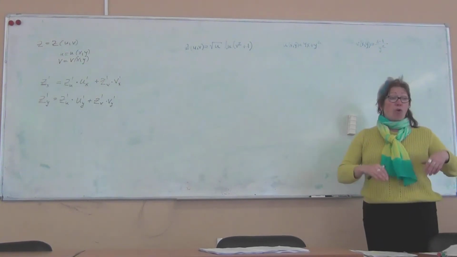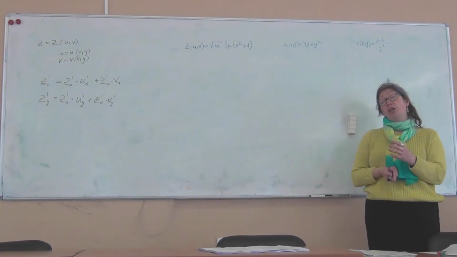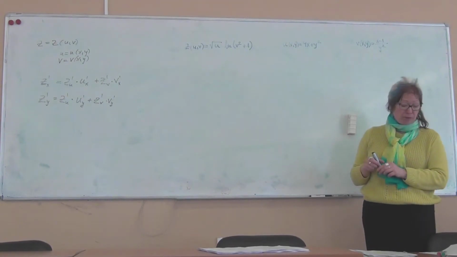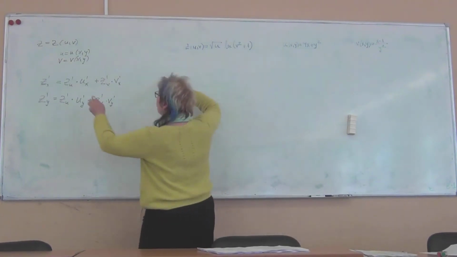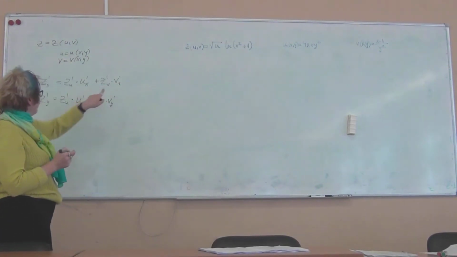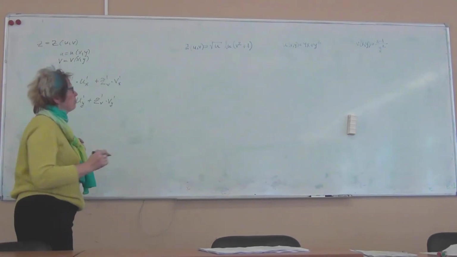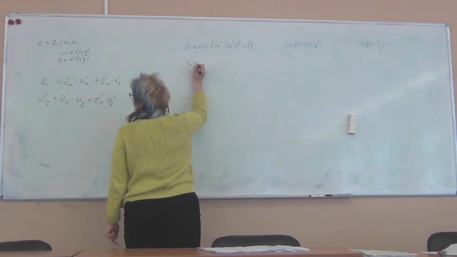It's very easy to forget one step, to forget to use the chain rule at some point, so perhaps better not. So perhaps it would be better to find all 6 derivatives that we need, and then simply put them together to get the final answer. So the z partial derivative by u.